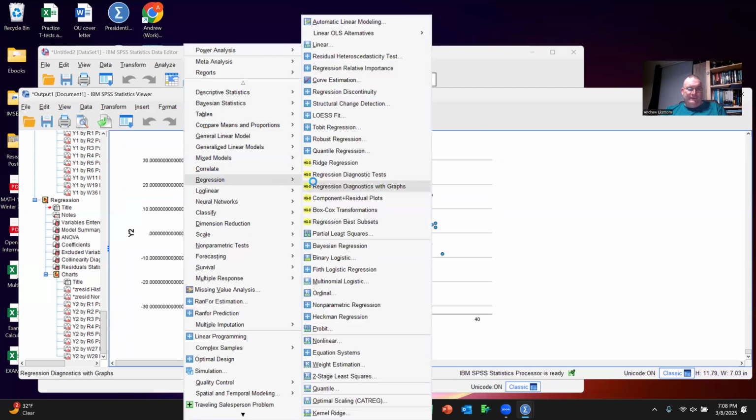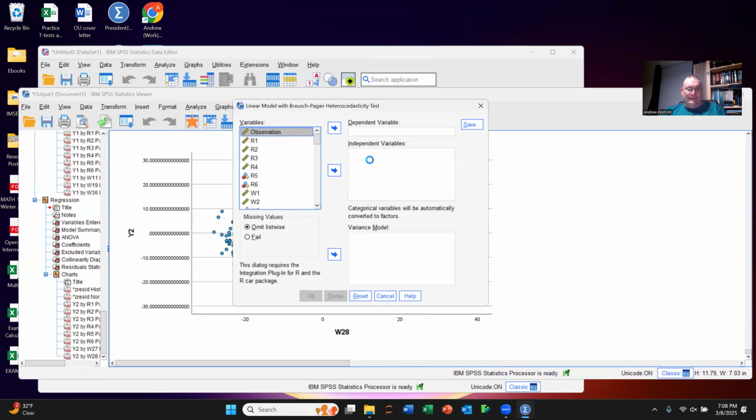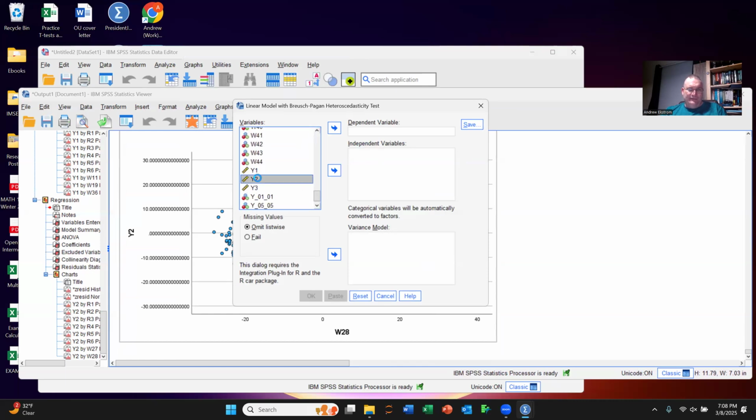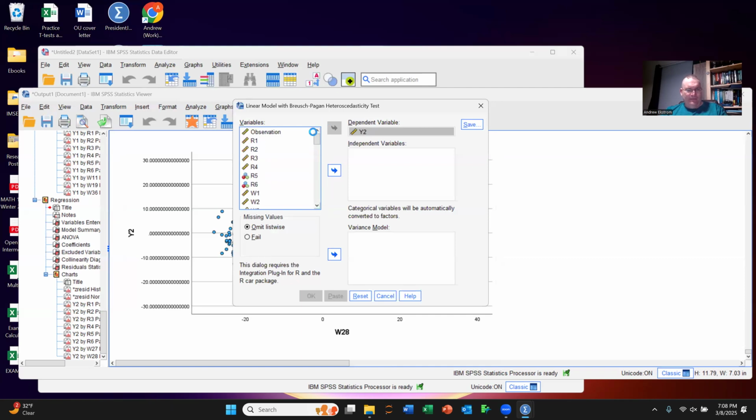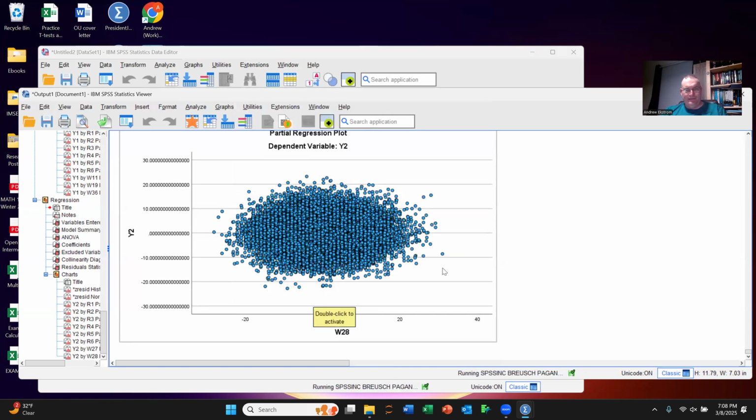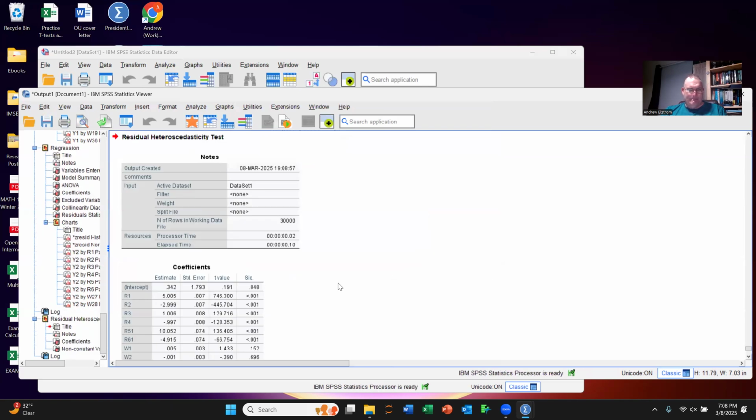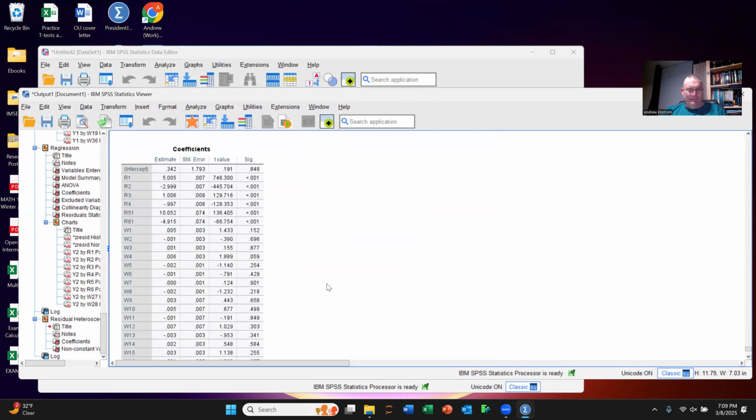Last time we looked at this and tried the residual homoscedasticity test. So let's do Y2 as our dependent. I've actually never done it with this stuff before, so let's see what happens when those are the independent variables. Click on OK, and yeah.